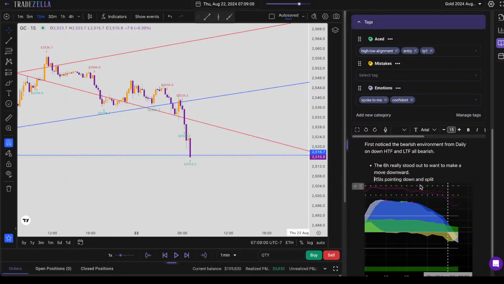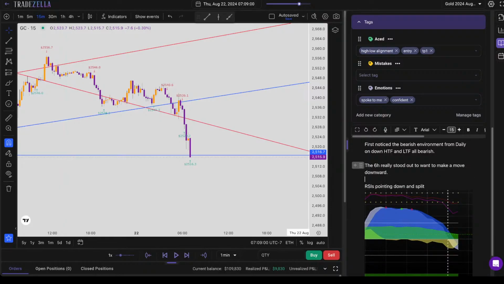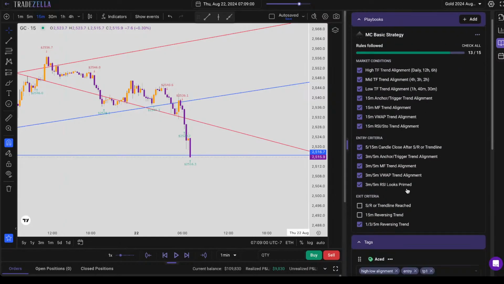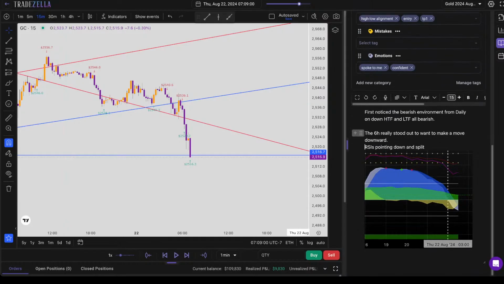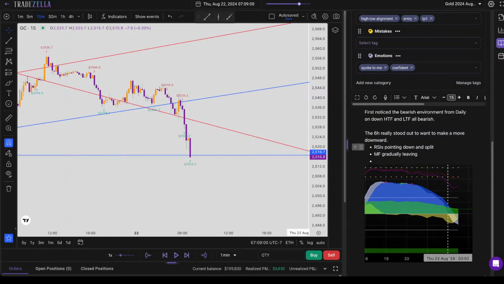VWAP's deep. VWAP is deep. So yeah, all of those things, that's why we really got excited about going short.